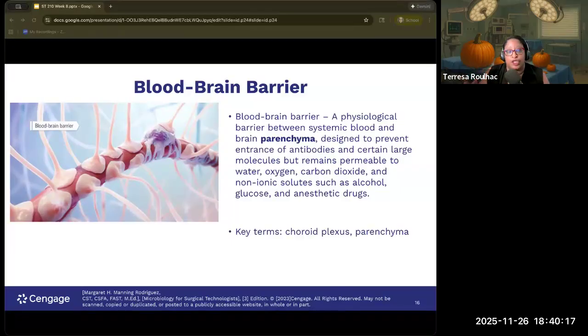This is the working tissue of the brain that handles thinking, movement, and body control. Now, the BBB makes it hard to treat brain infections because many drugs just can't get past it. So, understanding how the BBB works helps us find ways to safely deliver medications to the brain and central nervous system.